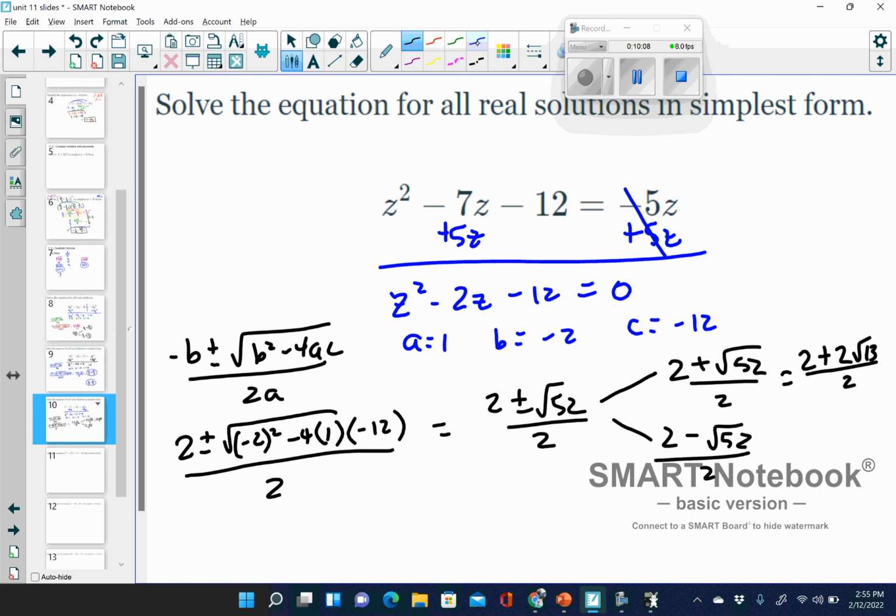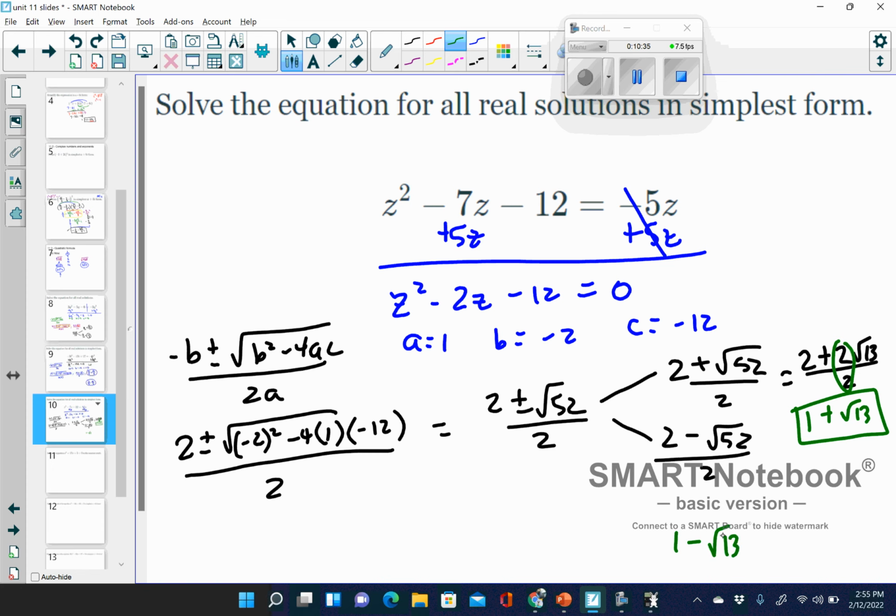You should know that something happens here, okay? So 2 over 2 is just 1 plus, and again, 2 over 2 cancels out. So that's just the radical 13. So that's one answer. And then the other same thing over here. 2 divided by 2 is 1 minus radical 52, which is the same thing as 2 radical 13 over 2, which is also 1 minus radical 13.